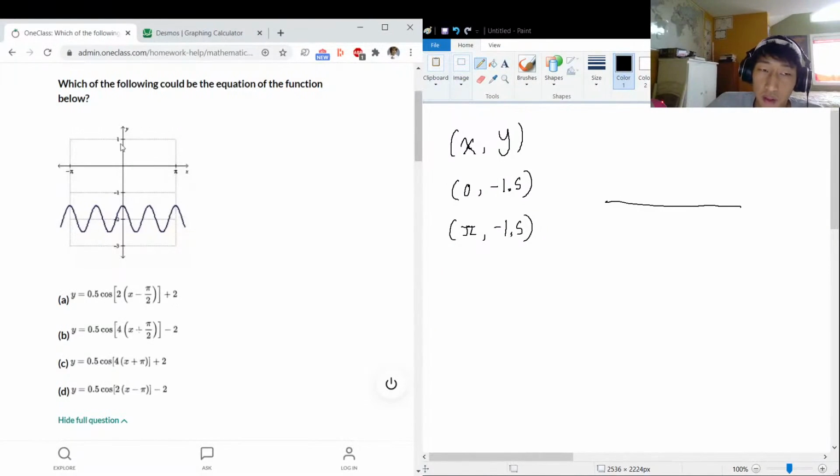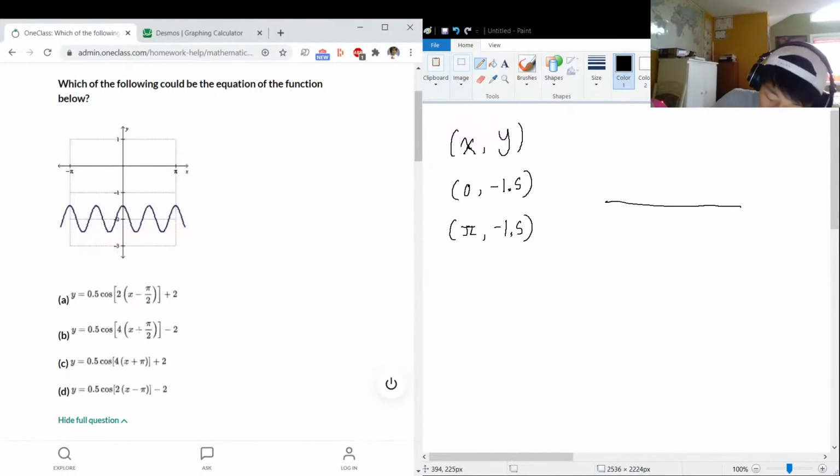So this is below 1. If we were adding, we would be moving the entire wave upwards. So we need a minus term for it to move downwards.